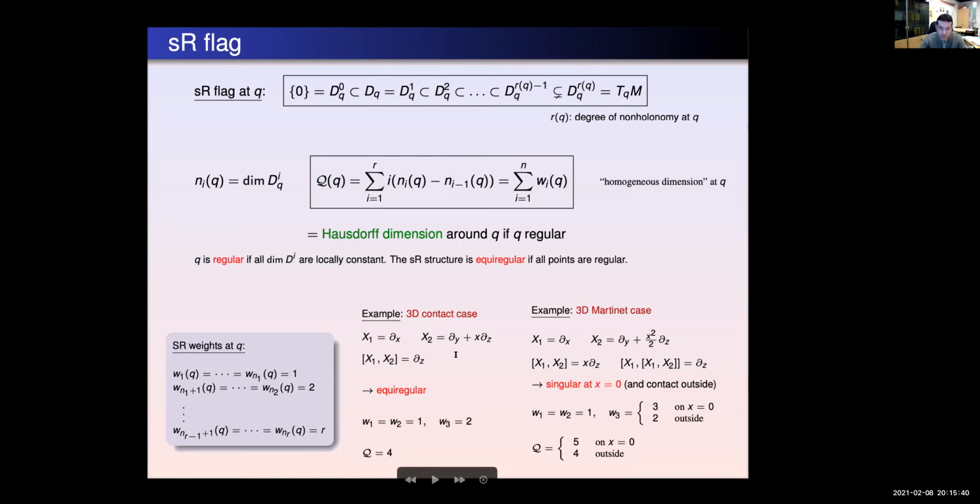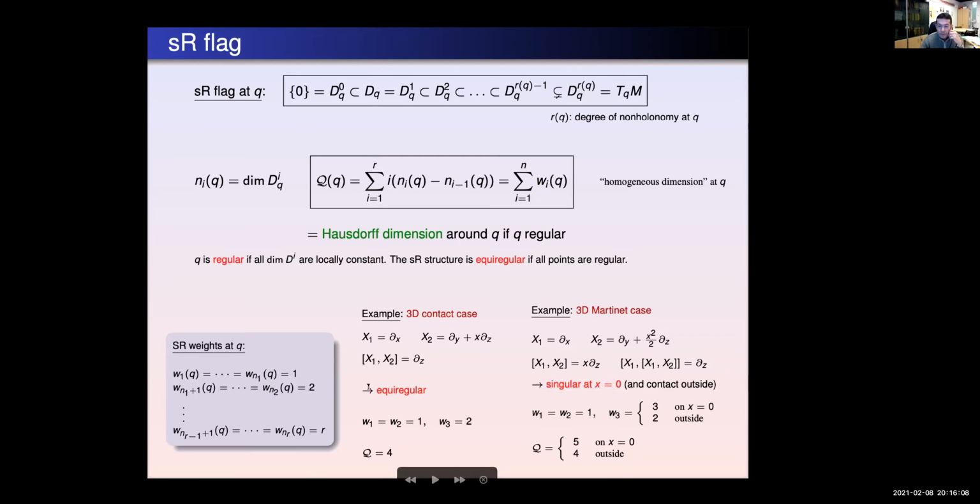For instance, the 3D contact case. For the 3D contact case, every point is regular, so we say that the structure is equiregular. But for the 3D Martinet case, or also for the Grushin case, you have a singularity along x equals 0. So in that case, every point along x equals 0 is a singular point.